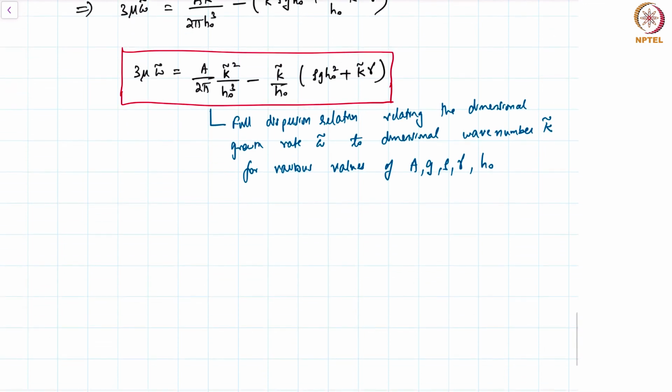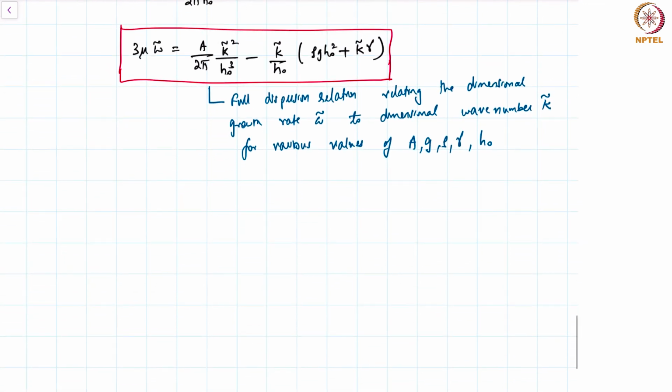We can use this expression and of course the viscosity mu. We can actually use this expression to make plots of omega tilde versus k tilde, right? You can clearly see that when k is 0, which means that it's a perfectly flat interface, then you will have no instability, okay?